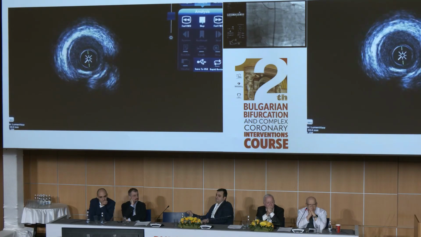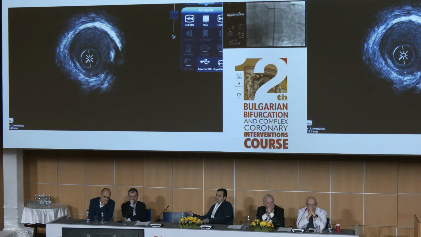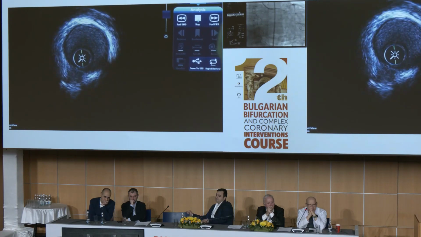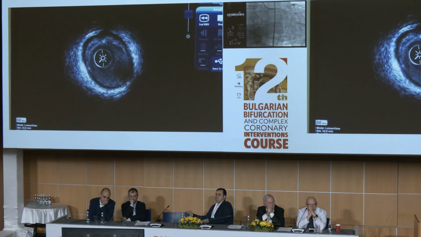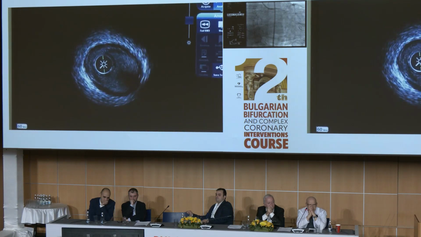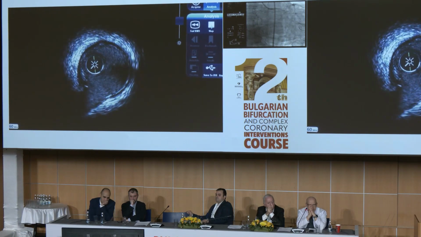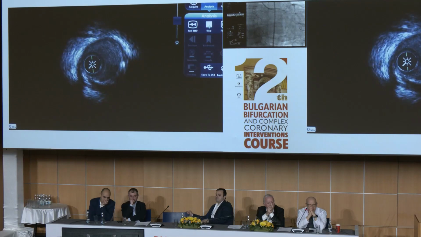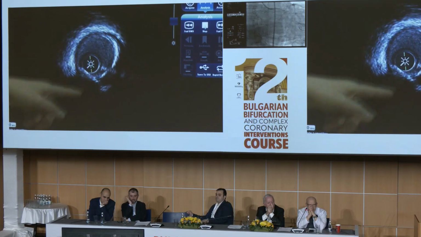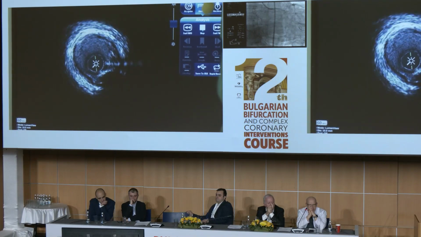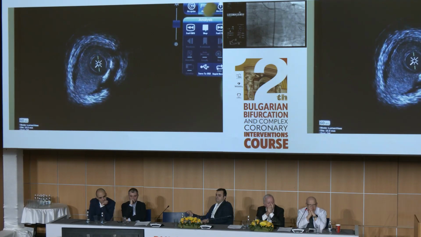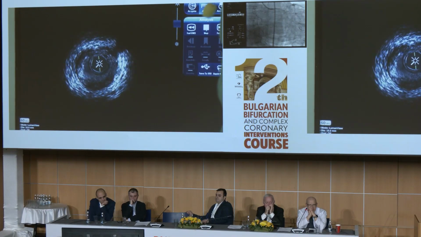This is the distal LAD and automatic pullback. And you see the bifurcation close to the first bifurcation distal, and the calcium is one-sided. And then proximally, this is the smallest one.